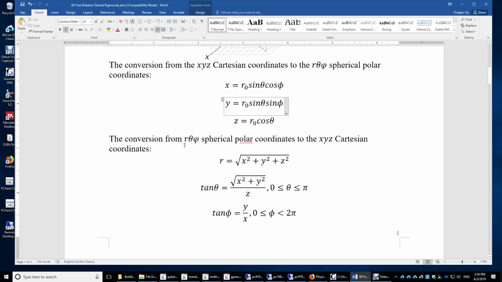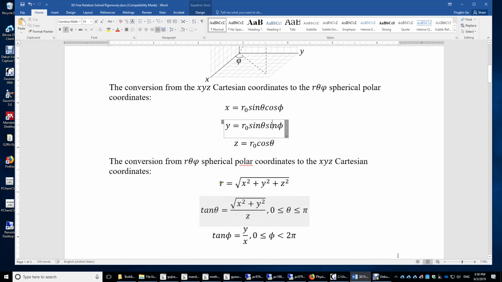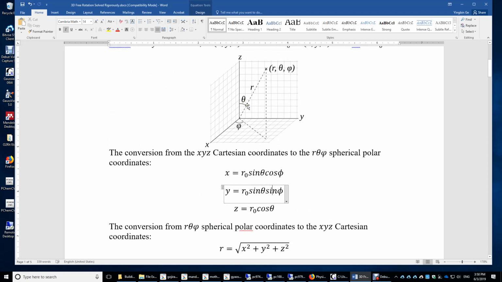The conversion from r, theta, phi spherical polar coordinates to the x, y, z Cartesian coordinates is also easy. r equals the square root of x squared plus y squared plus z squared. And tangent theta, theta is here.